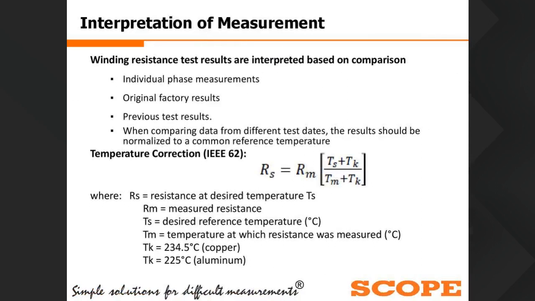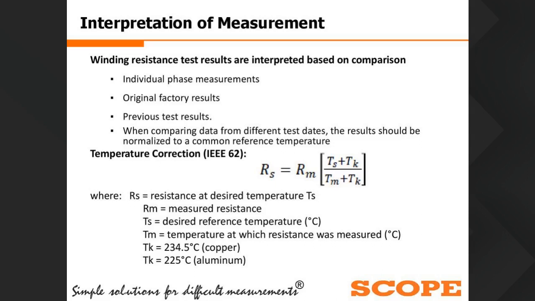The last point is the interpretation of the measurement. After the winding resistance measurement test, how do we interpret the results with base results or factory results? We have original factory results, and with the help of those we need to compare.